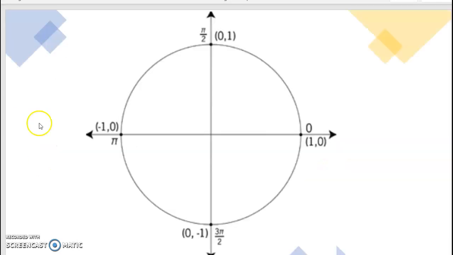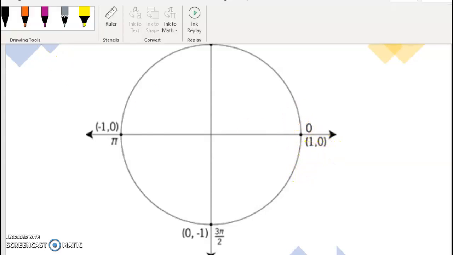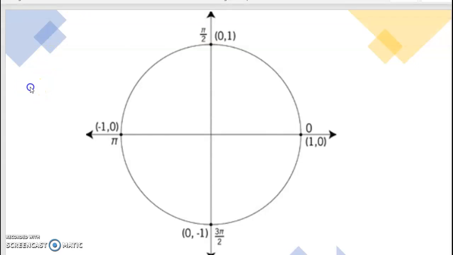So the first thing I want to remind you of again is our friend, the unit circle, and the fact that when we start over here to the right, this first point is at 1, 0, and our second point at the top is at 0, 1. Then over to the left, we have negative 1, 0, and at the bottom we have 0, negative 1.